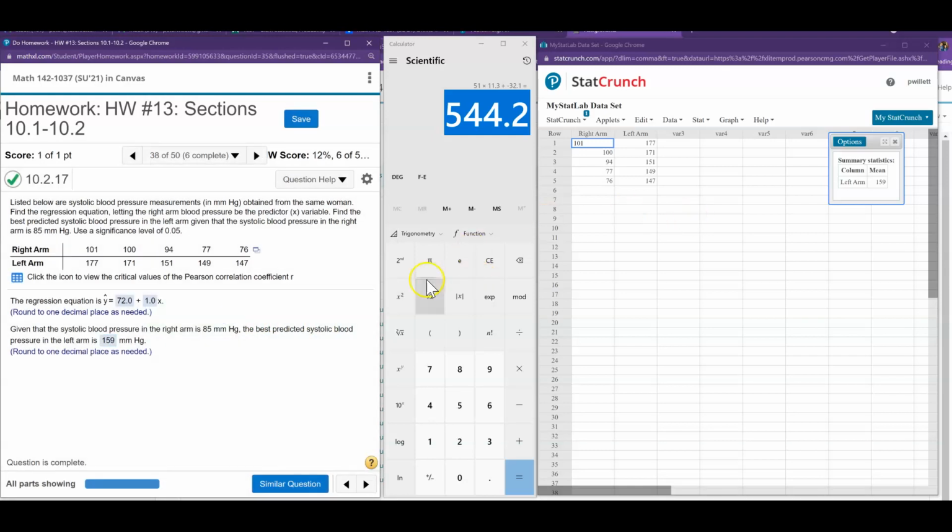So if we had used the equation, we could kind of see if that would have given an answer that they would have marked wrong, since they like the average value answer. Well, if I put in the value of 85 for x into the equation, I'd multiply it by 1, and then I would add 72, and we get 157.